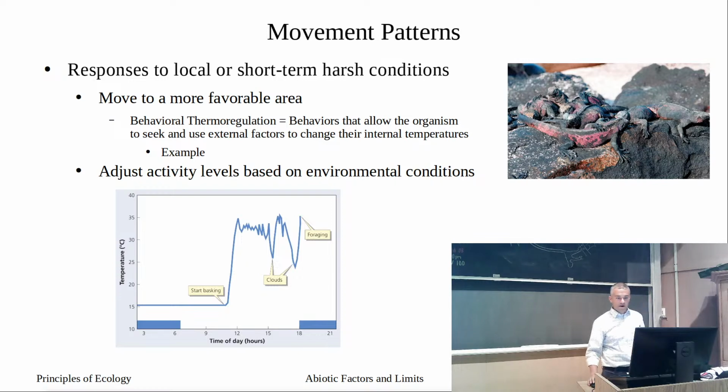Some of these organisms, like these lizards, are not regulating their temperature through a physiological mechanism. They're doing it behaviorally. With this behavioral thermal regulation, what they're going to do is change where they are in the environment. Are they exposed more to sun? Do they go more into the shade?